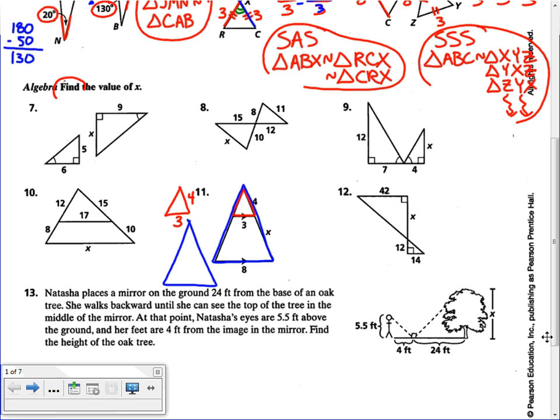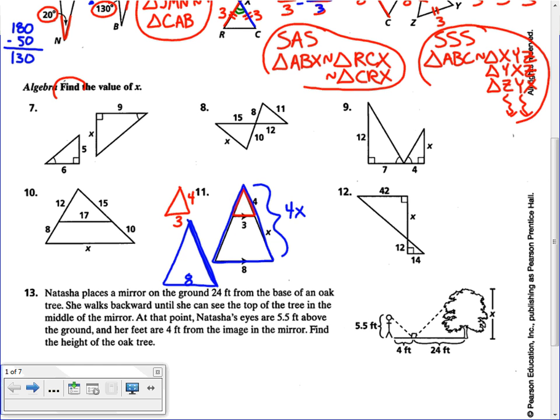Now, I can definitely see that the 8 represents this side down at the bottom. But what do I put on the right over here? Well, one of the most common mistakes that I see is that people will think that this side is 4x.